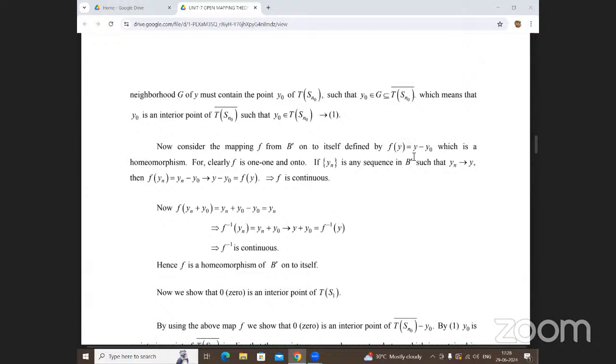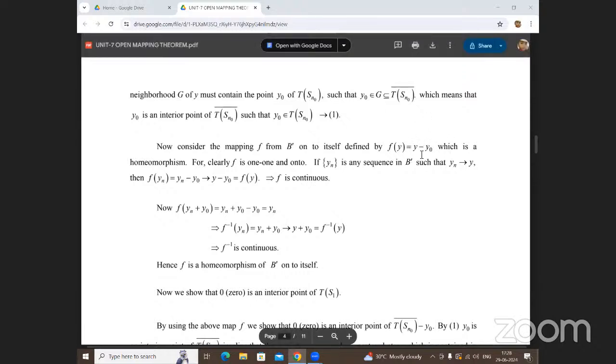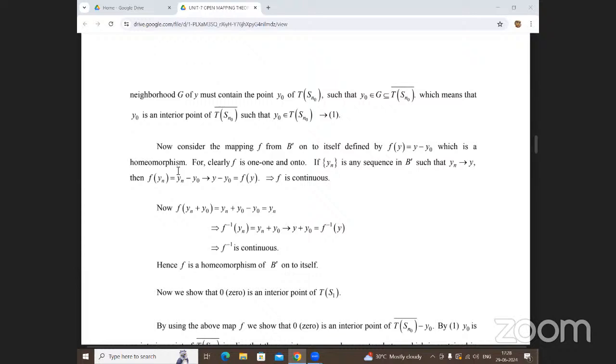So we define F(Y) as the difference between Y and Y0, that is Y minus Y0, which is a homeomorphism. A homeomorphism means that when the function is onto itself, the mapping is one-to-one and onto. So that mapping is defined as F from B' onto itself.